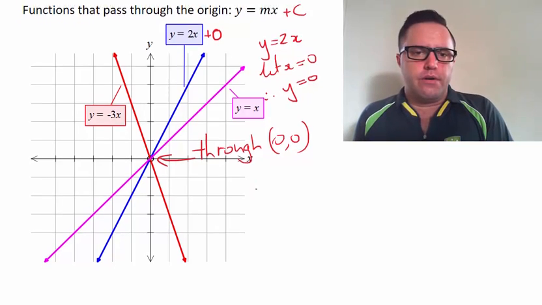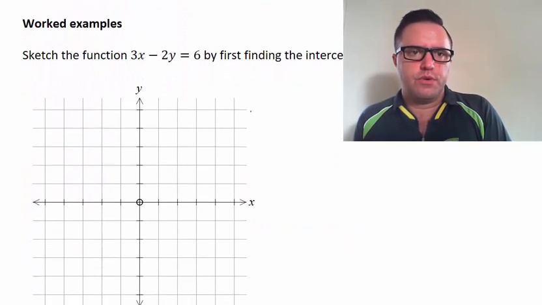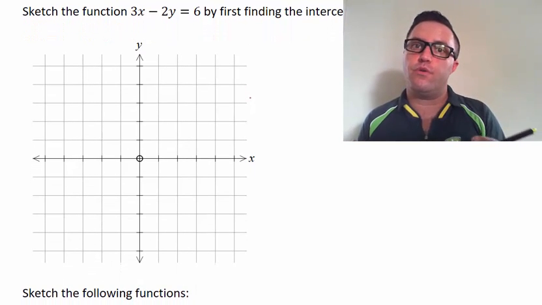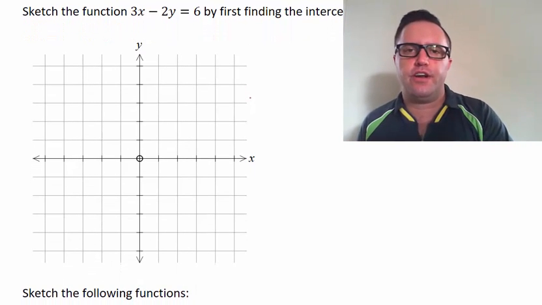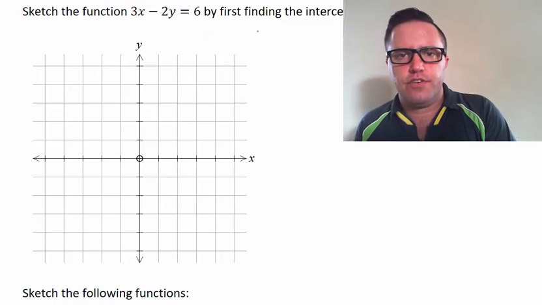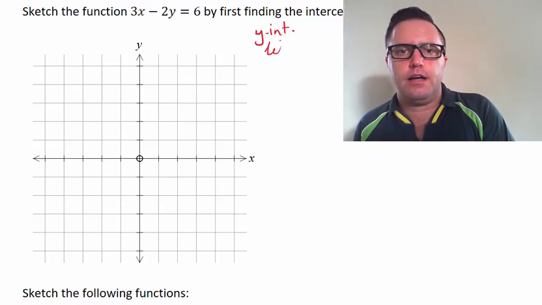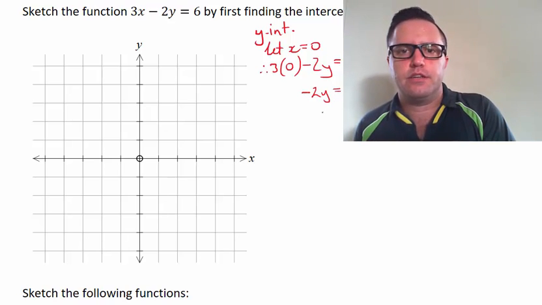Alright, let's have a look at some worked examples. We're going to sketch the function 3x minus 2y equals 6 by first finding the intercepts. Let's first find the y-intercept, by letting x equal 0. Therefore we have 3 times 0 minus 2y equals 6, so negative 2y equals 6, y equals negative 3.